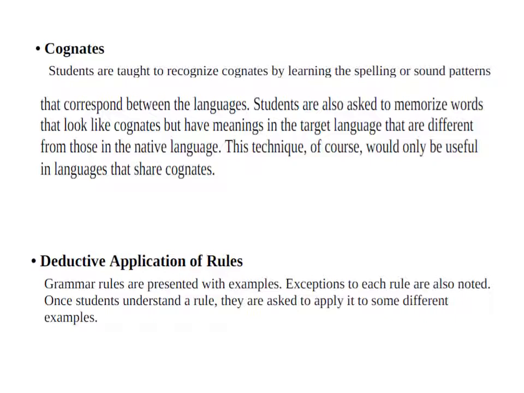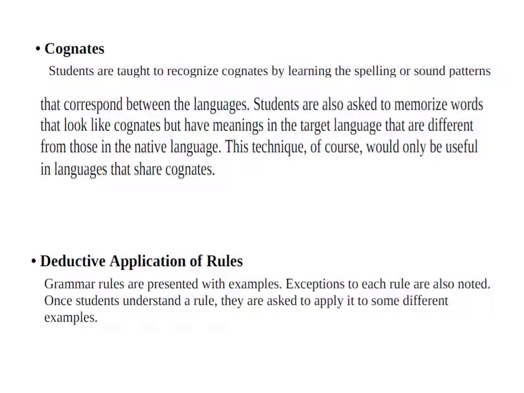Deductive application of rules. We mentioned that we have two ways of explaining grammatical rules, deductive and inductive, and that the grammatical rules are explained deductively according to the grammar translation method. In this case, the teacher starts with rules, then the application of these rules with examples.